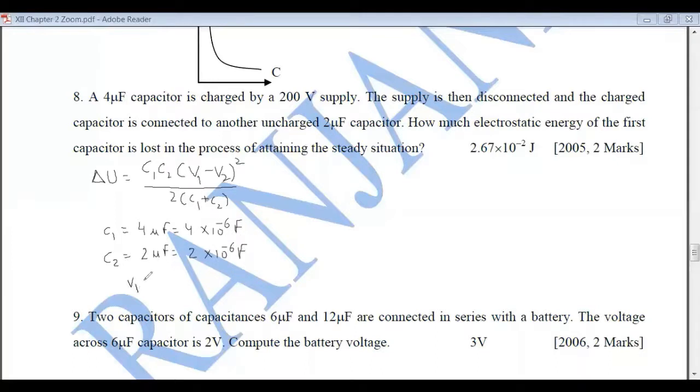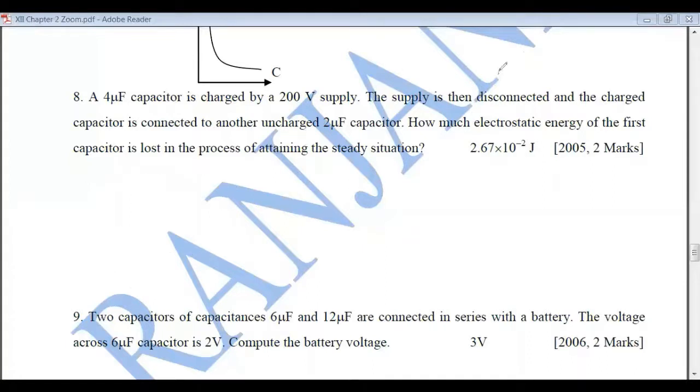V1, the first capacitor, is charged by a 200 volt supply, so V1 is 200. And what is V2? Uncharged means V2 is 0. Substituting all these values, we get the answer to be 2.67 into 10 raised to the power minus 2 joules.